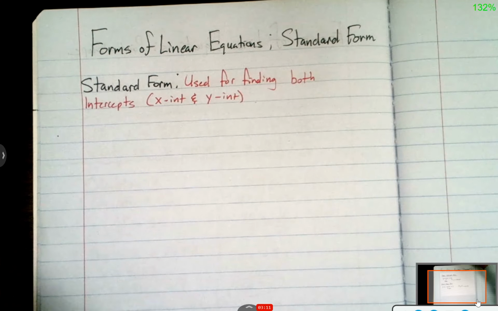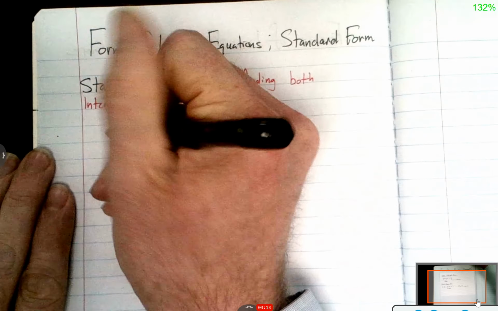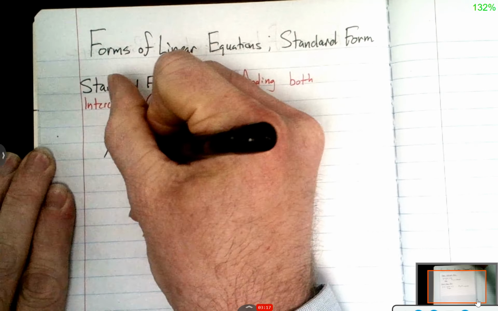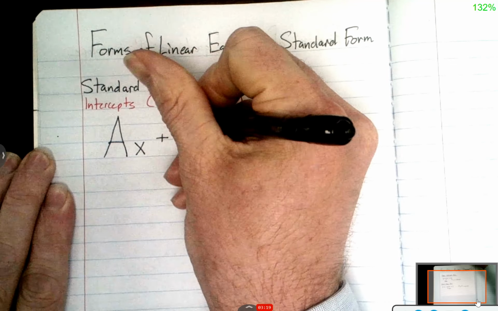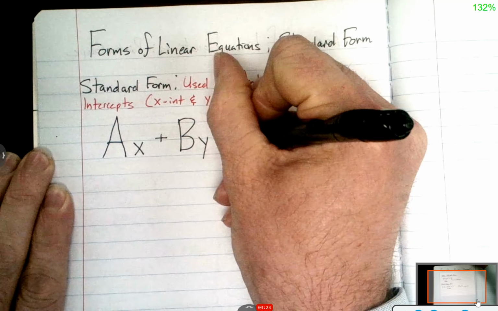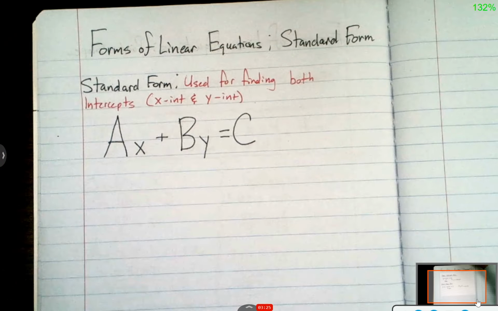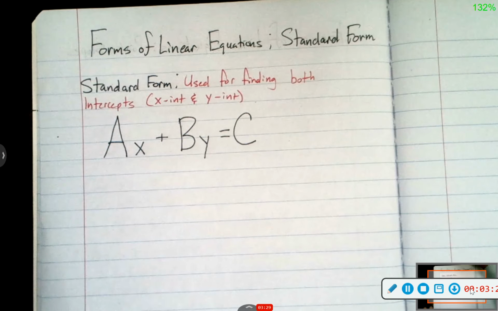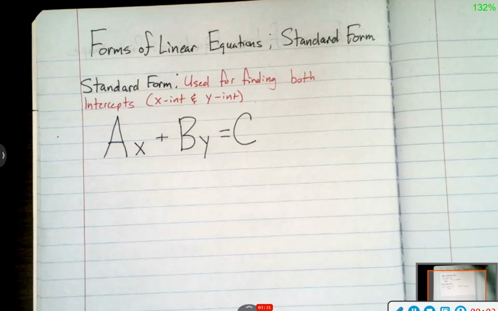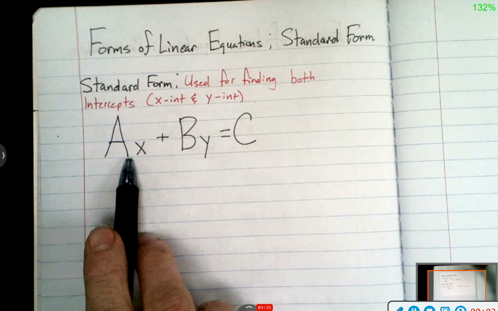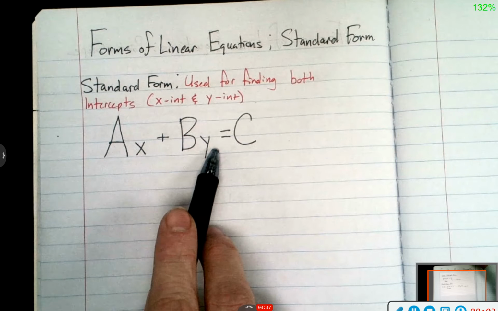Here is the standard form: Ax plus By equals C. Just like with any of our other linear equations, there is a place for us to plug in the x and y values that fall on the line.